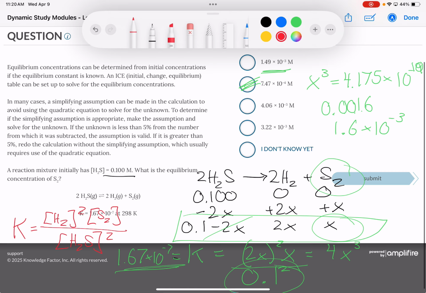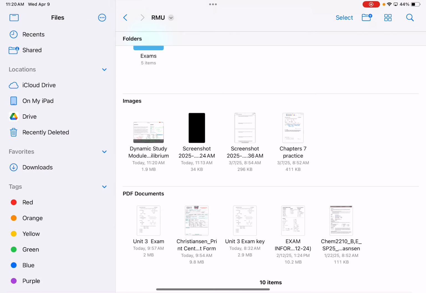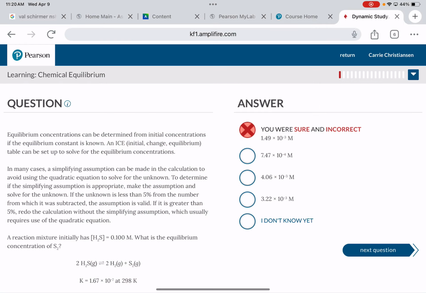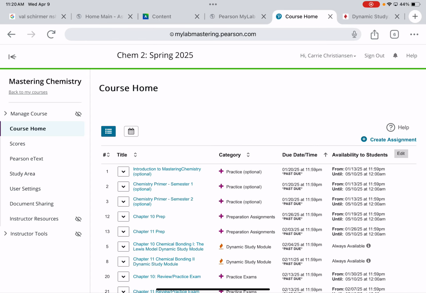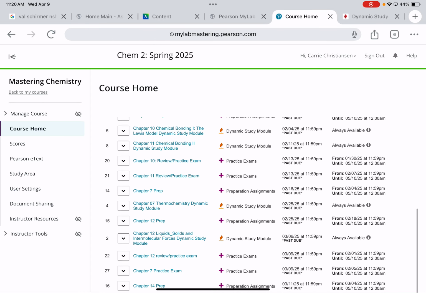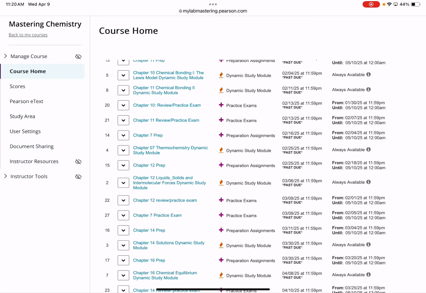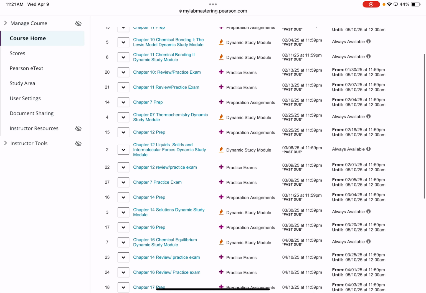What other ones? I have number 19 on the practice exam. Okay, I gotta blank this because sometimes it inadvertently shows grades when I go to Pearson. Chapter 16 practice exam or 14? 14, okay. There we go.